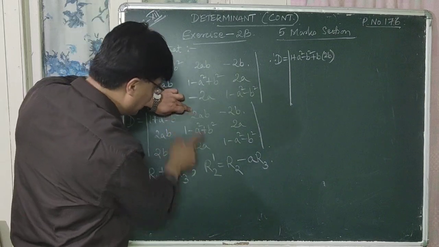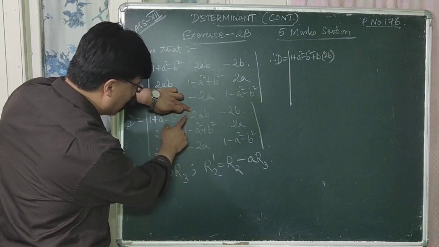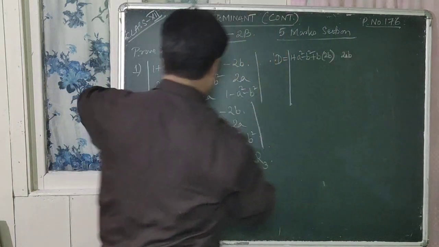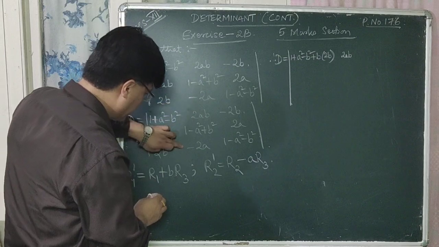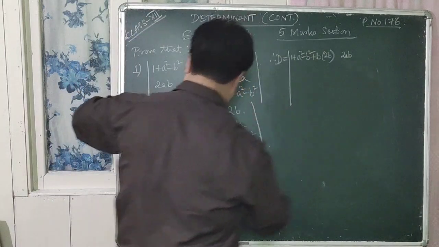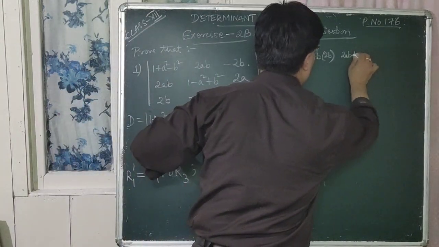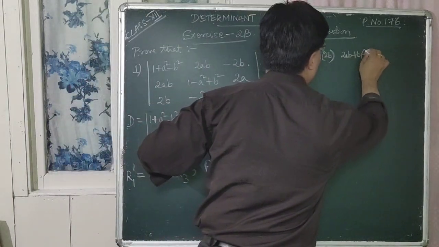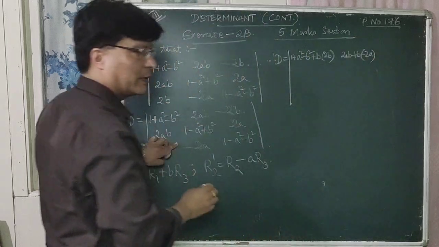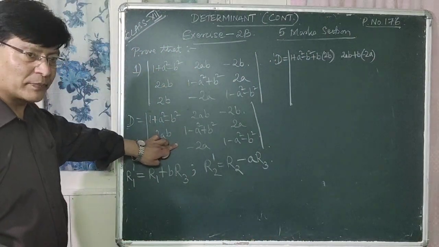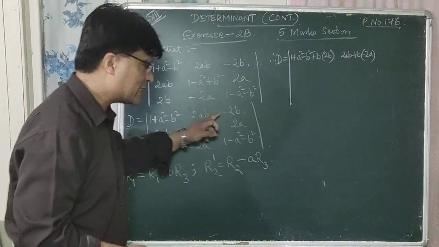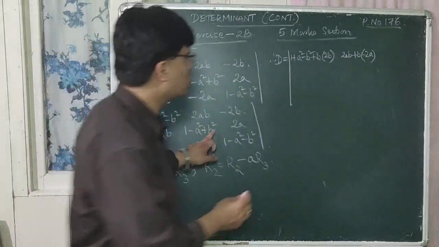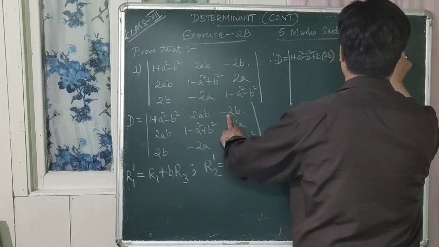How does it change again? R1 plus b R3, R1 means 2ab, right? This is your 2ab. Then plus b into what is R3? Minus 2a. It is minus 2a. Is that clear? And now, what is the last element of the first row? New first row, that is R1. R1 means minus 2b. Write down minus 2b.